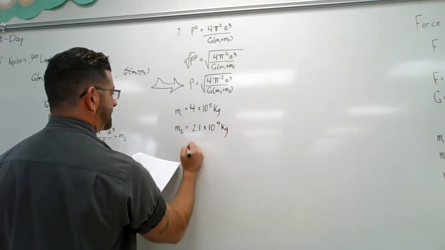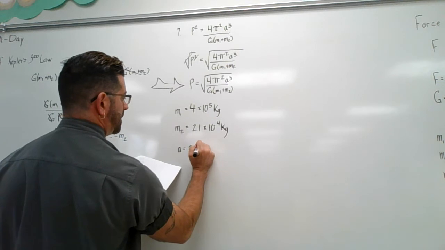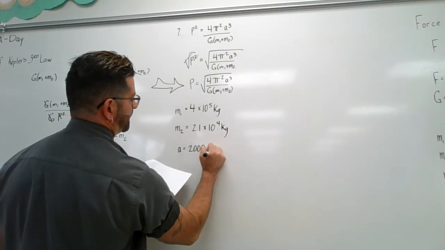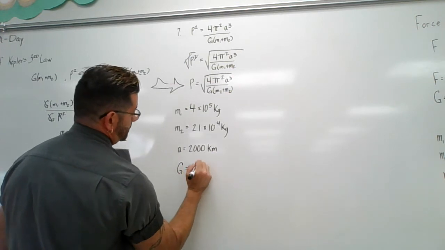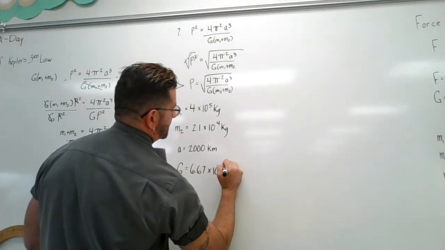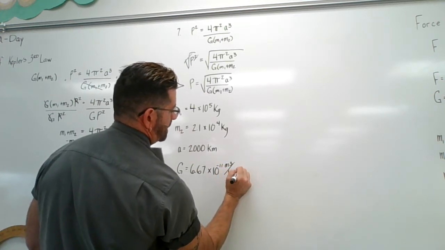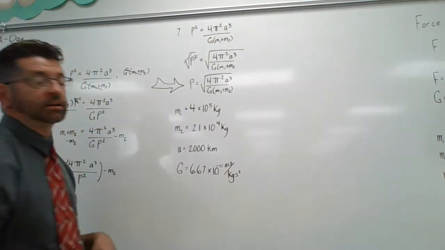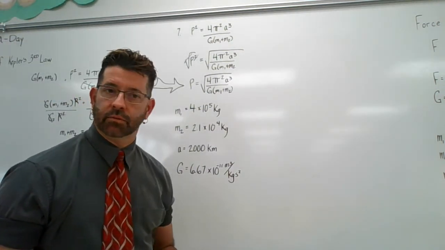And you have a semi-major axis, A, of 2,000 kilometers. And of course, big G, which is equal to 6.67 times 10 to the negative 11th meters cubed per kilogram second squared. I might suggest, if you haven't started to already, memorizing this constant. It's everywhere. It's what makes it constant.